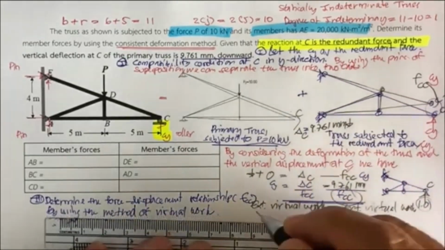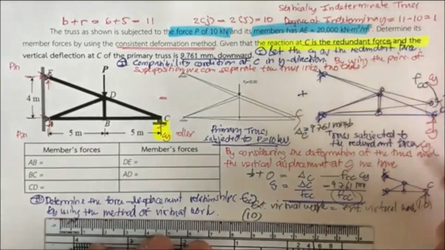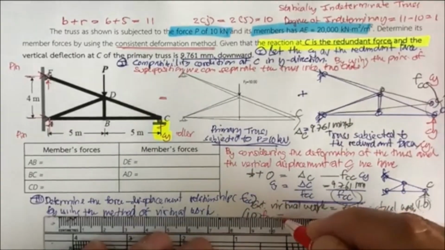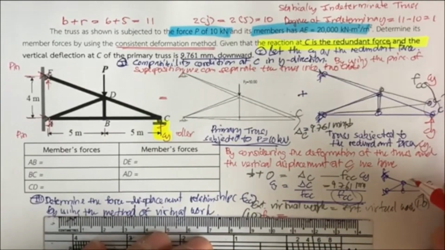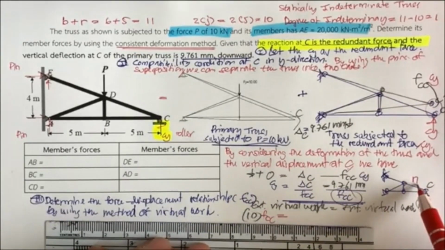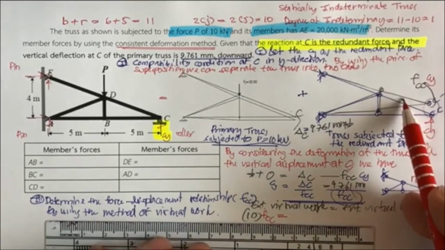The external virtual work is 1.0 times F sub CC, and it is equal to the internal force n produced by this 1 unit of applied force, times the deformation here.